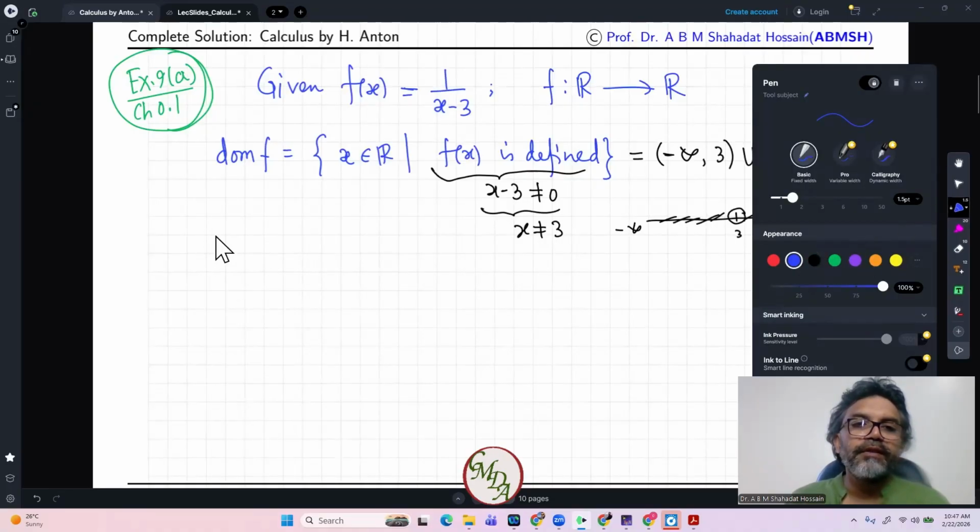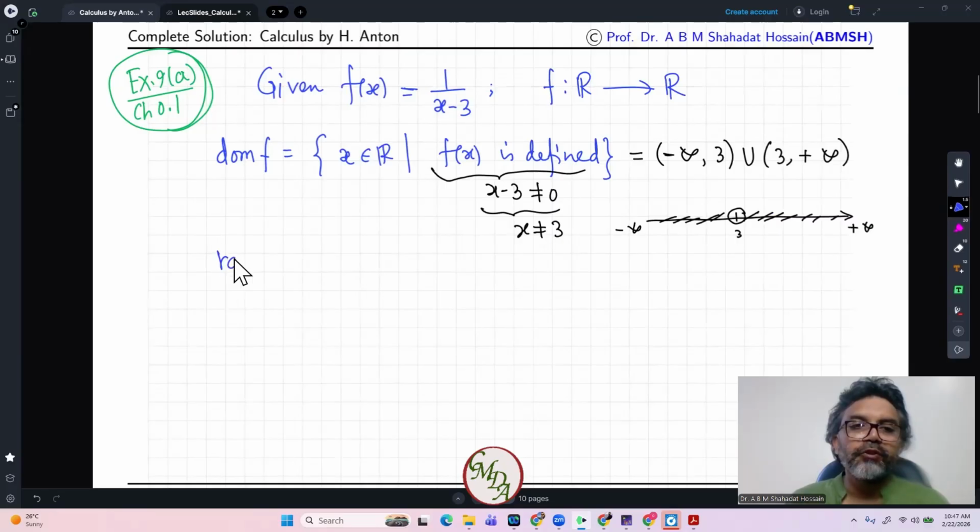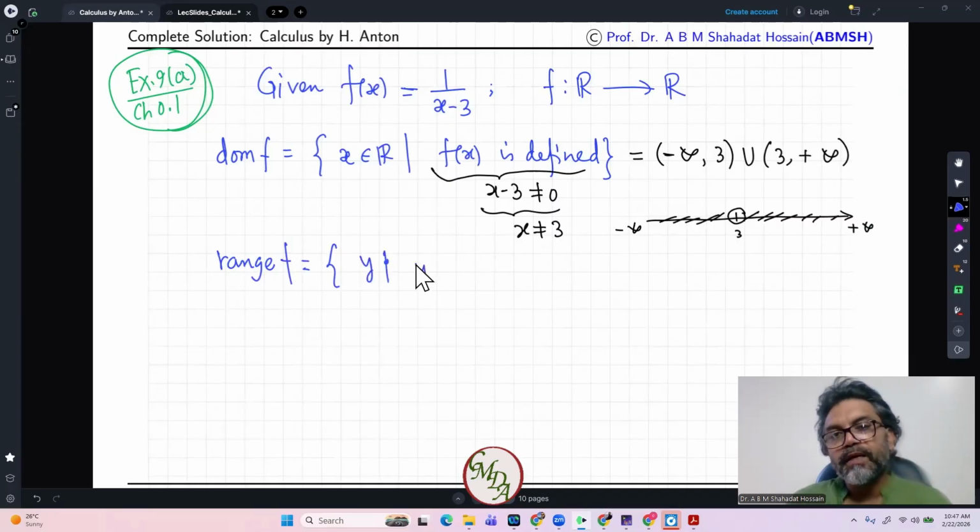We need to find the range. Range is the set of all y such that y comes from the formula for all x in the domain of f.